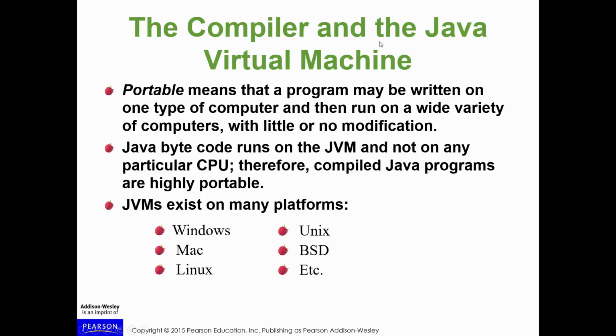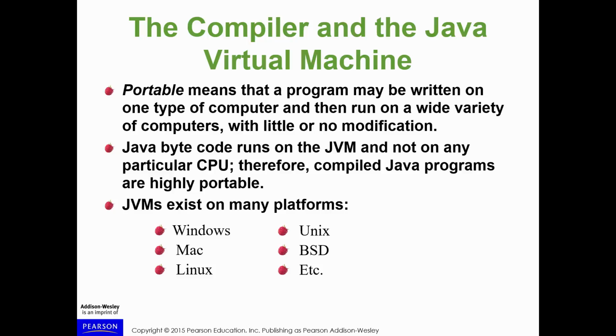Java is known as a portable programming language. As it says there, it means that a program may be written on one type of computer and then run on another totally different type of computer with little or no modification. Java virtual machines exist on virtually any kind of platform.